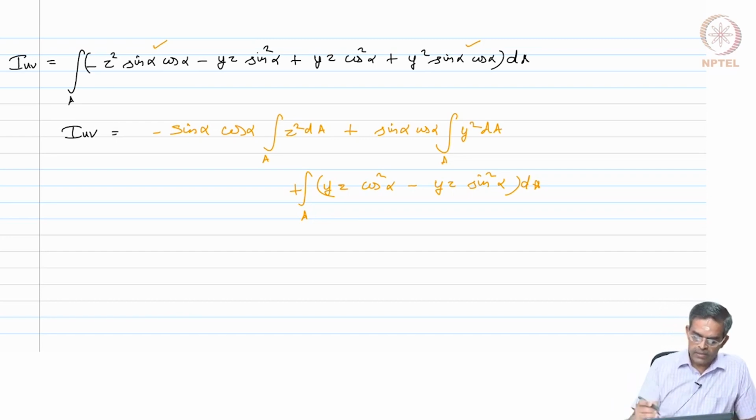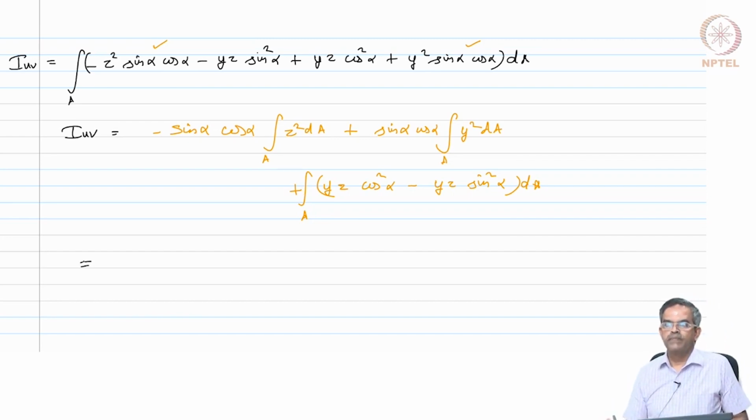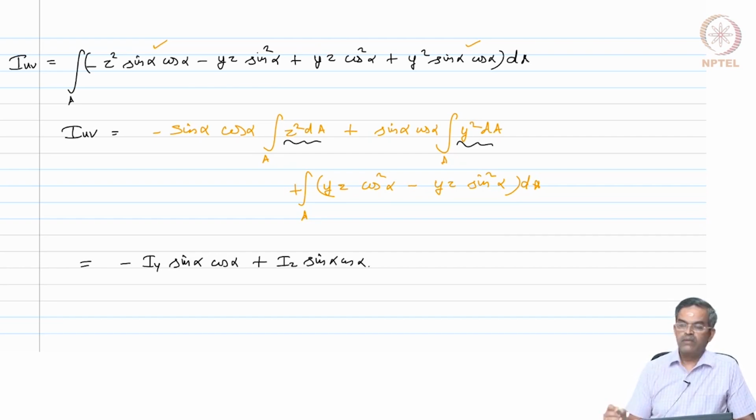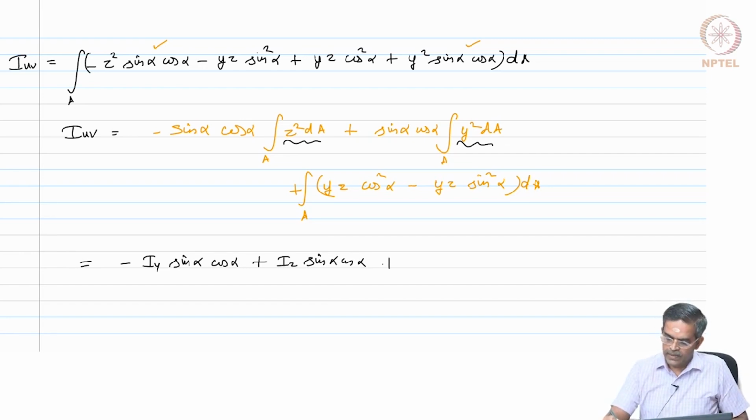So, now I can expand this further. We know this is minus Iy sin alpha cos alpha and this is Iz, so plus Iz sin alpha cos alpha, plus yz dA is Iyz, is it not, of cos square alpha minus sin square alpha, am I right?